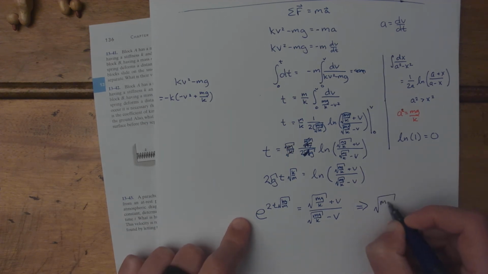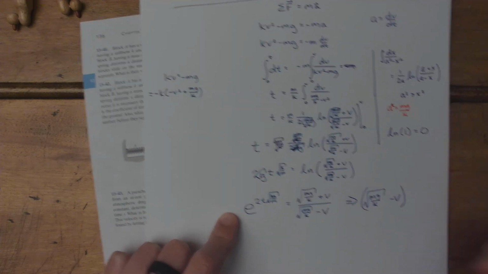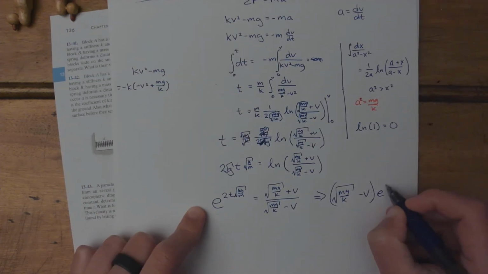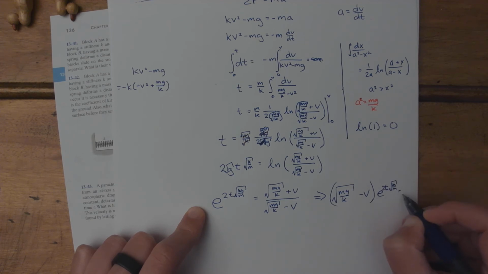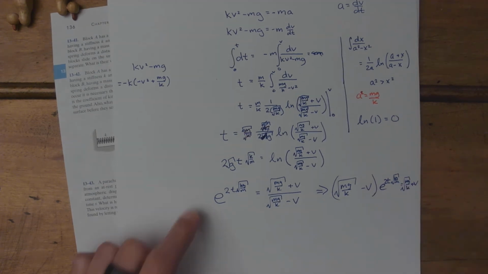So this is the square root of mg divided by k minus v times e to the 2t square root of kg over m, which is equal to the square root of mg over k plus v.